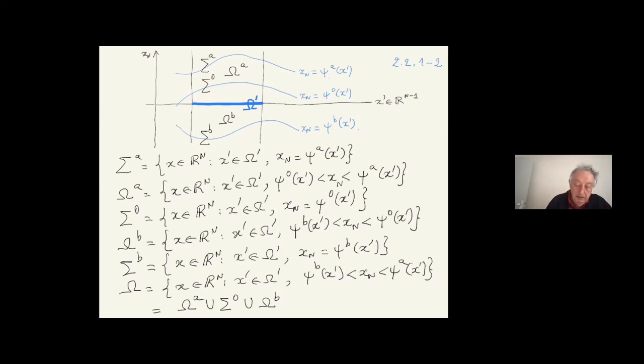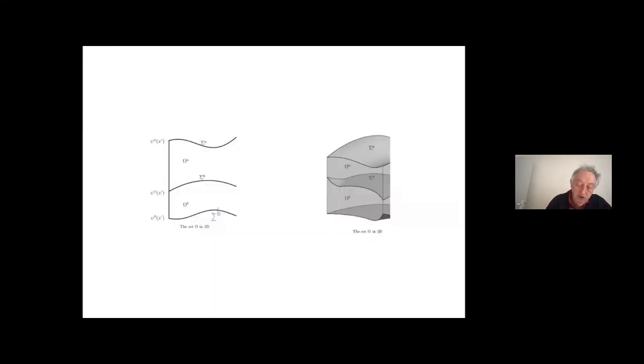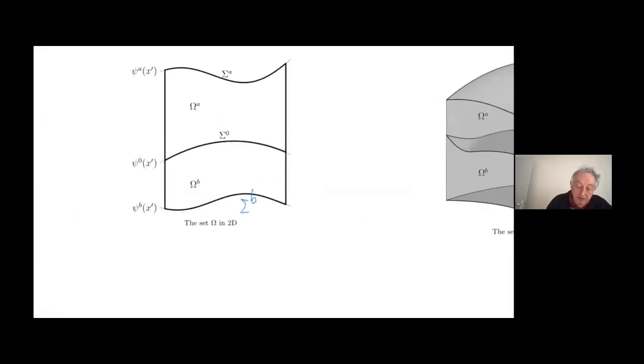Let me go to this picture, which is better. It will be very important that the functions in each one of omega B have a trace on sigma 0, and also that the functions in omega A have a trace on sigma 0. For this reason, we need Psi0 to be Lipschitz.